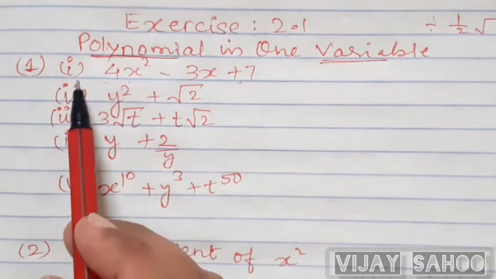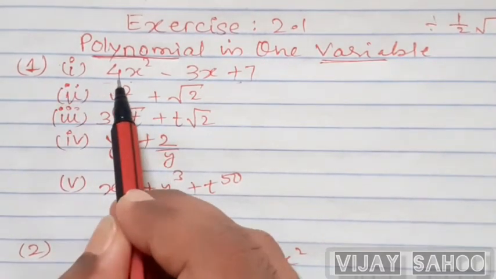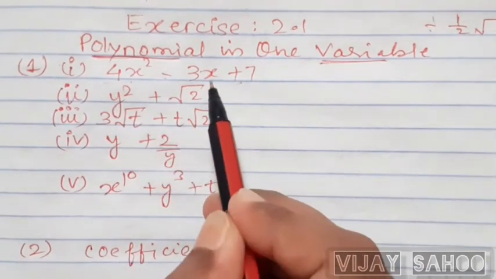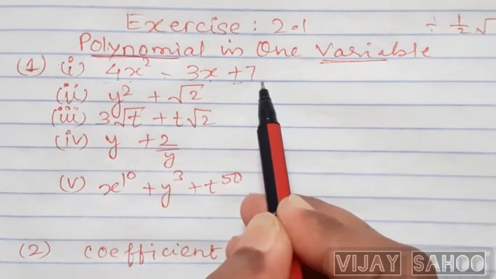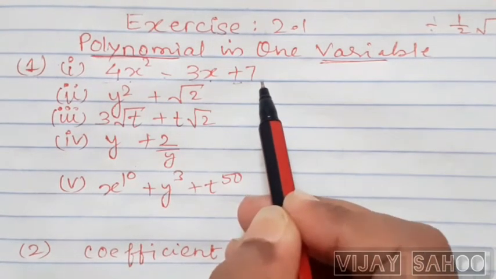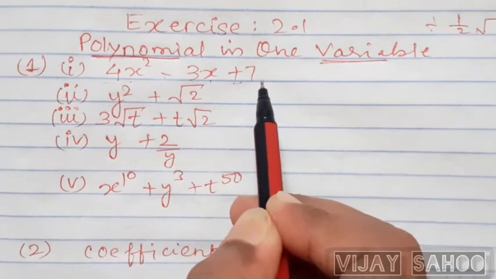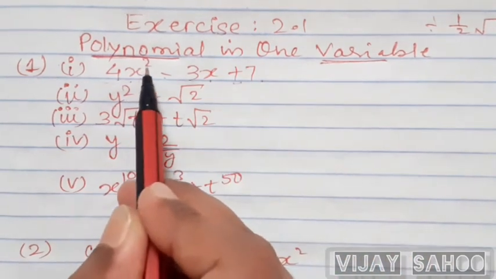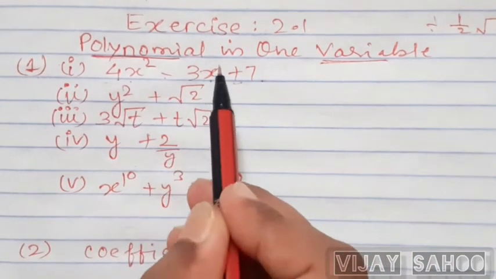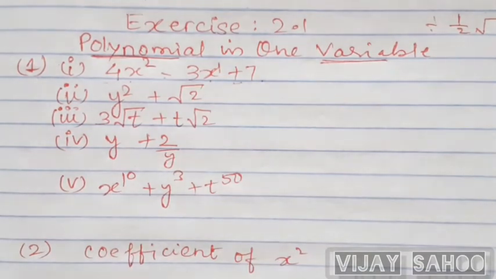Now in the first question it is given 4x square minus 3x plus 7. सबसे पहले चेक करो कि पॉलिनोमियल है कि नहीं. तो पॉलिनोमियल के लिए सबसे पहले we'll see the powers. Here power is 2, here power is 1. So it is a natural number. हमेशा नेचुरल ही होना चाहिए. Natural मतलब it will start from 1, 2 and it goes on.